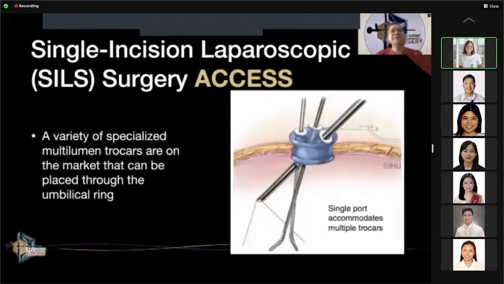You break the principle of triangulation. There are surgeons who perform this procedure because some patients do not want any scar, especially female patients. The problem will be on the surgeon, because it is really difficult to perform a surgery with all your instruments located in one area, as shown in this picture.